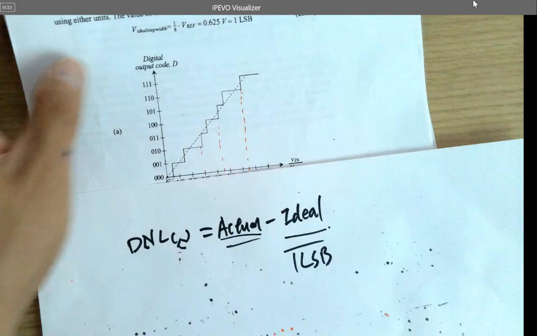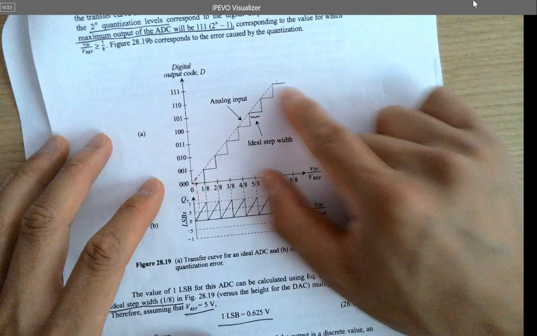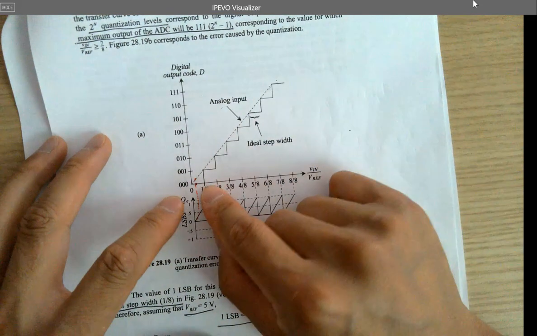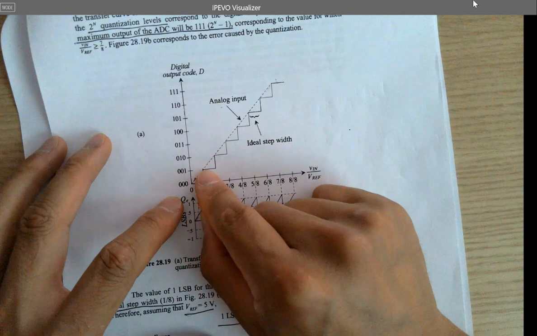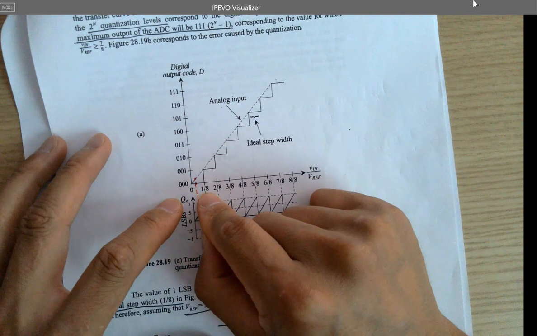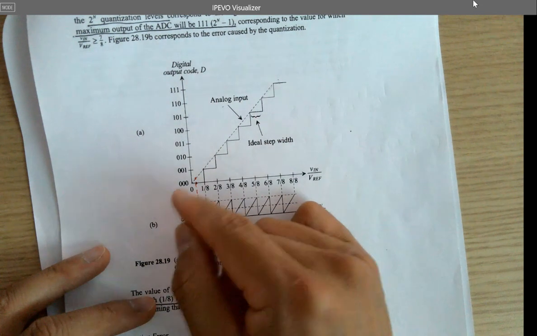this ideal size. So keep in mind the ideal curve, the original curve looked like this, right? So the last one is 1 LSB because the first curve starts jumping up at 1/8. But now since we want to reduce the quantization errors, we shift to the left.